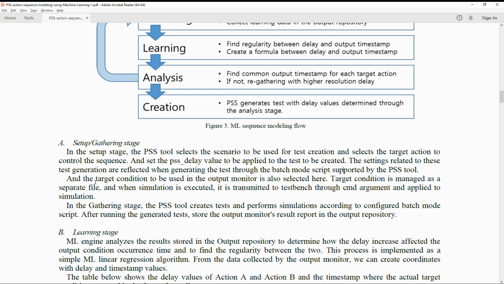And the target condition used in the output monitor is also selected here. The target condition is managed as a separate file, and when the simulation is executed, it is transmitted to the test bench through command argument and applied to the simulation.